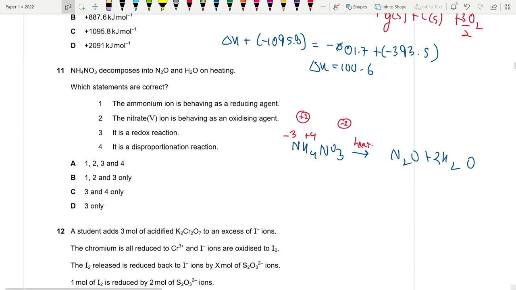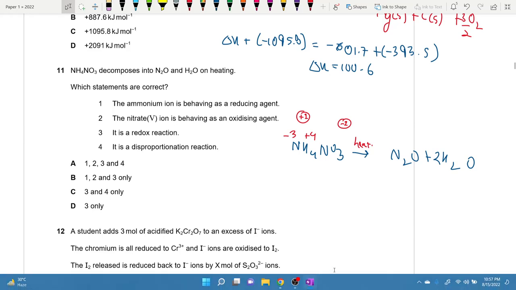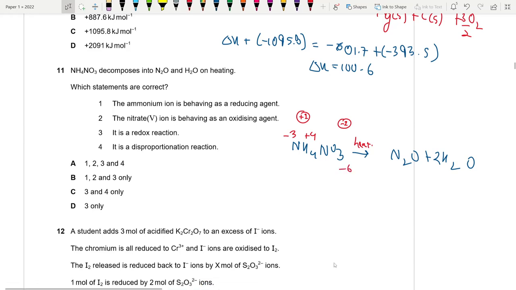So oxygen is minus 6 and nitrogen is plus 5. So what is happening here exactly? The oxidation number of nitrogen is changing from minus 3 in ammonium, and the oxidation number of nitrogen in nitrate is also changing.